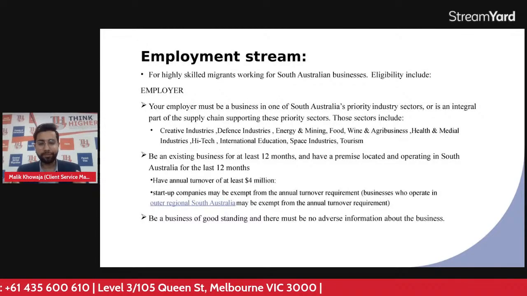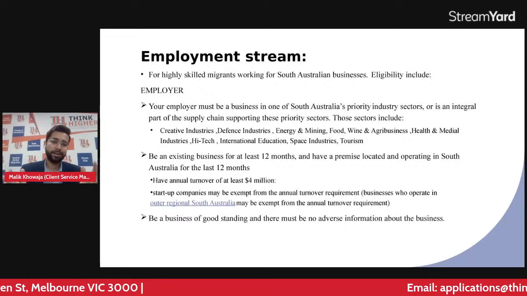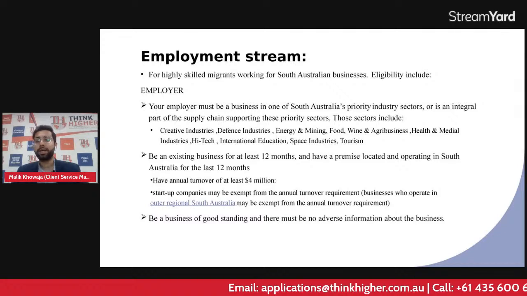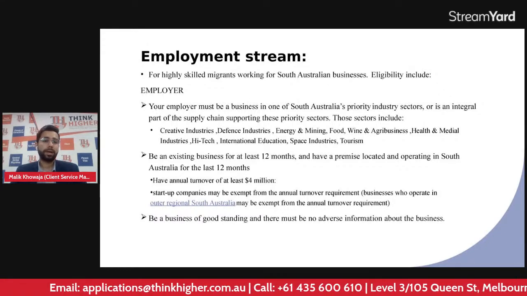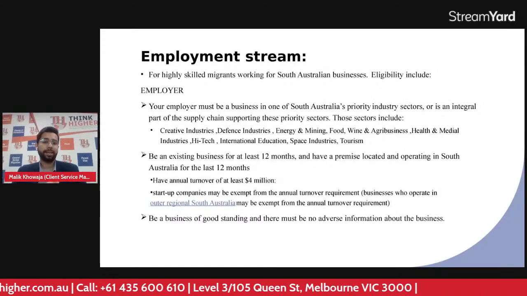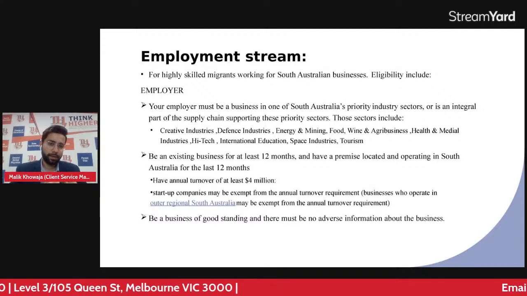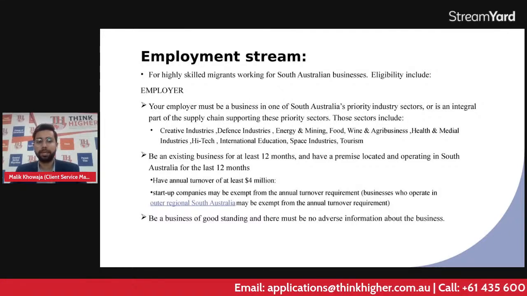So overall, they have covered almost 90% of the industries that are for the professional and the trade workers in demand in South Australia. You can also apply for this stream if you are indirectly working for these industries, for a business that has clients in these industries.